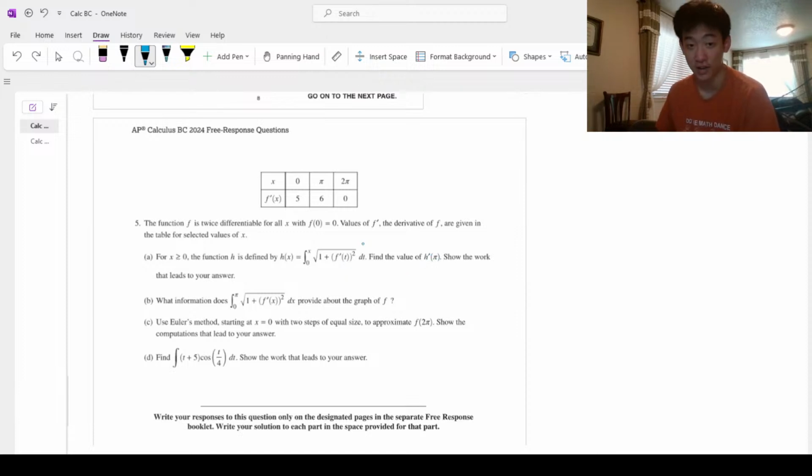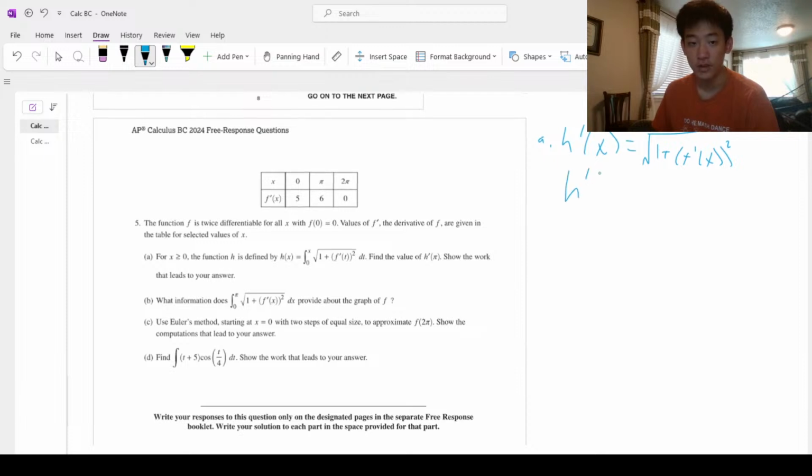So we want to find the value of h prime of pi. We don't actually have a calculator, so we're going to have to use the fundamental theorem of calculus. h prime of x is equal to, you basically just put x into the function, because the derivative is the opposite of the integral. So this is the square root of 1 plus f prime of x squared.